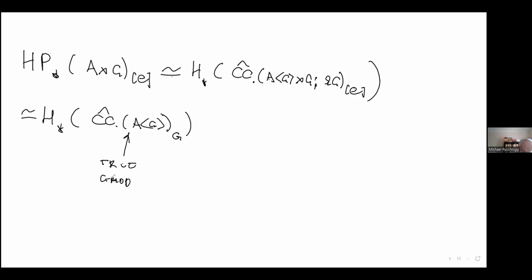Modules. Okay, so this means then, if you know homological algebra, that this is the so-called hyperhomology of G with coefficients in this complex. And hyperhomology has a nice property, namely quasi-isomorphisms of complexes induce isomorphisms in hyperhomology.